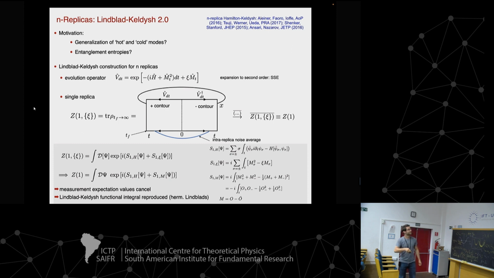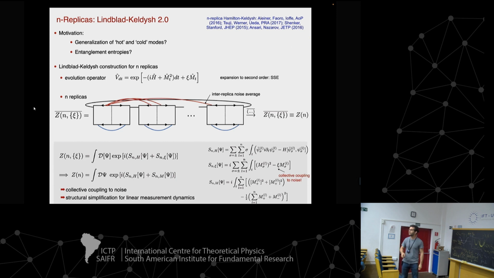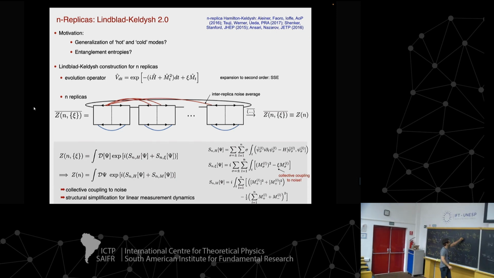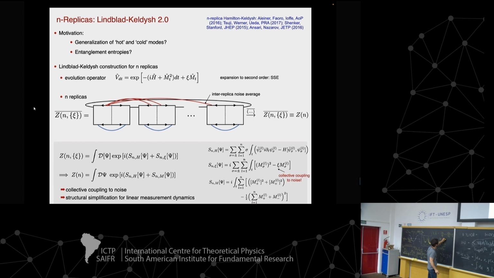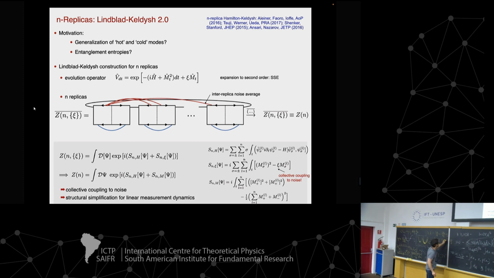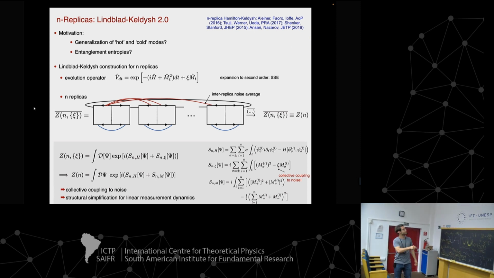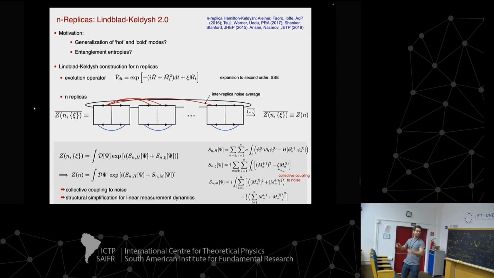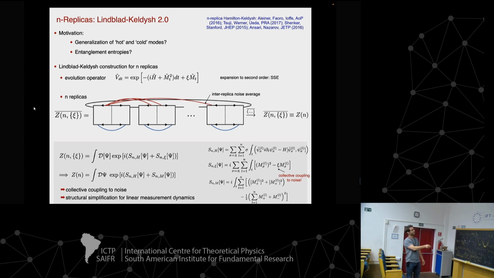Therefore, let's look now at n replicas. We now want to represent trace of rho times rho times rho, n times, and that is graphically what stands up there. Each of these replicas evolves in time, and the multiplication of 2 is just gluing these boundaries together.